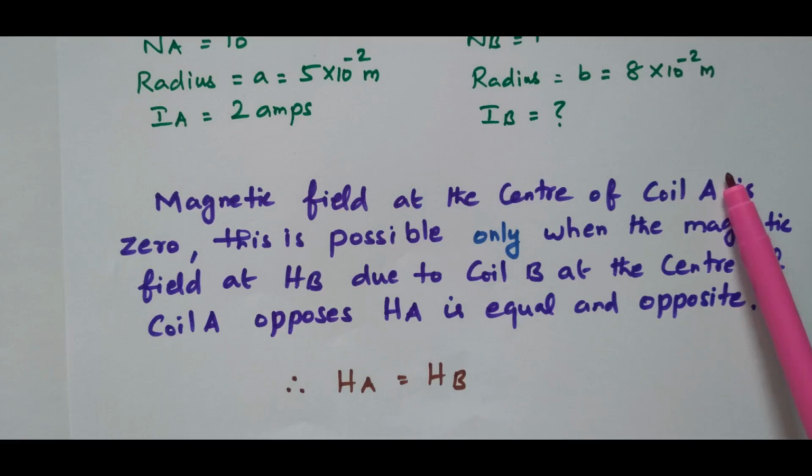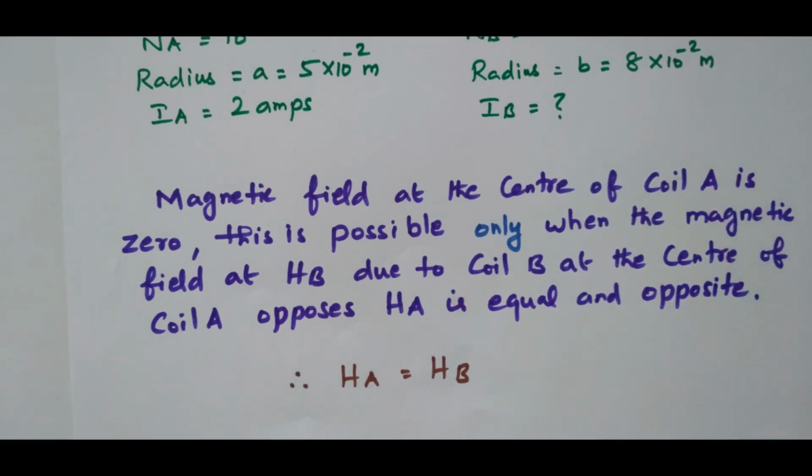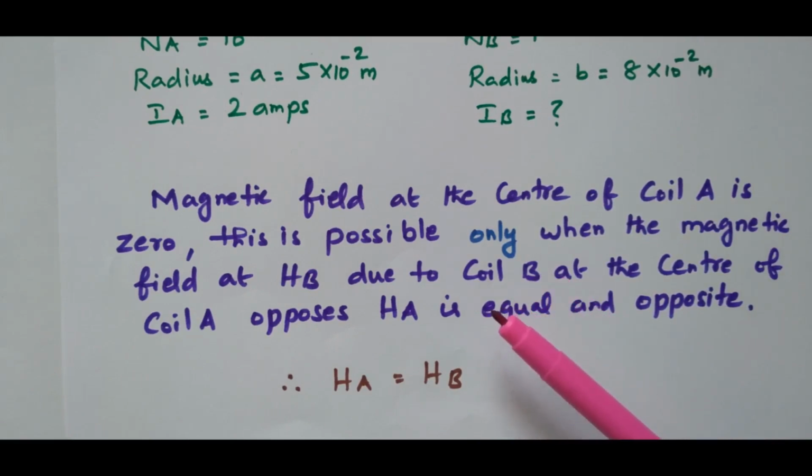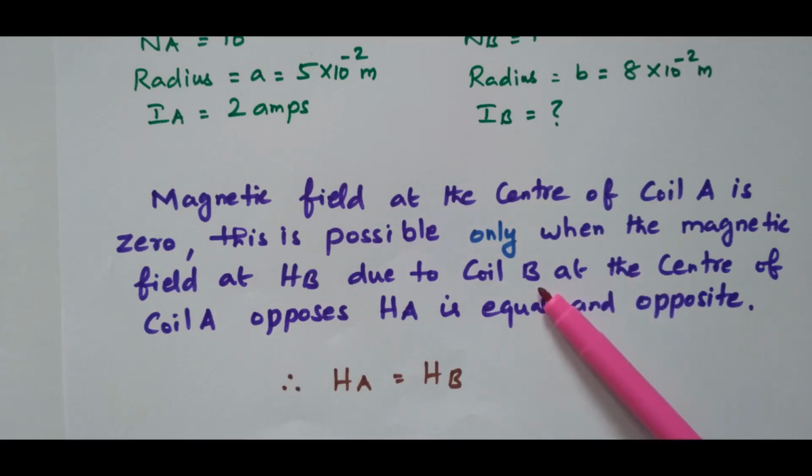What is the meaning? Both are equal and opposite, HA equal to HB. So the magnetic field intensity produced by coil B opposes coil A and makes it 0. Using this condition, we can find the current in the second coil.